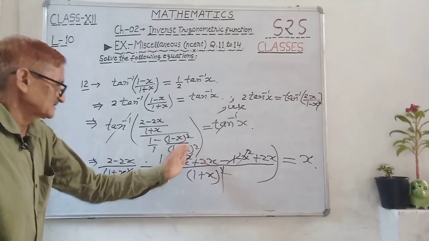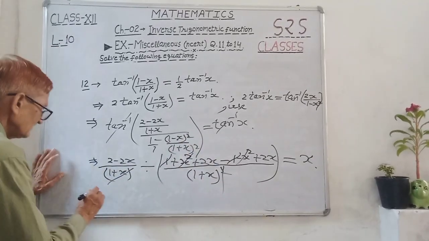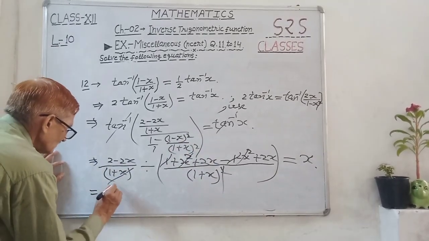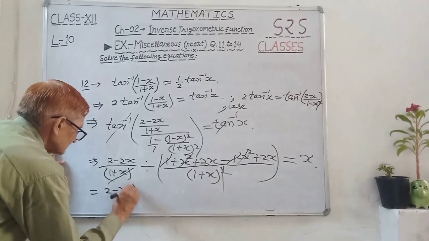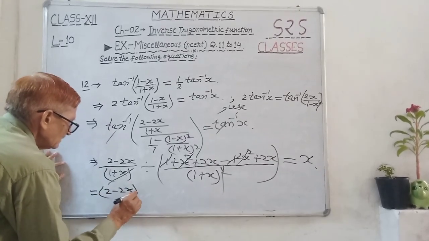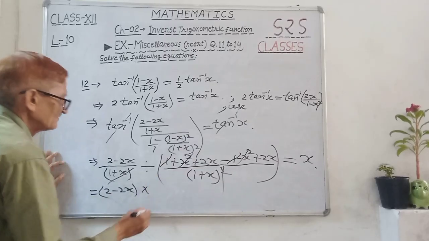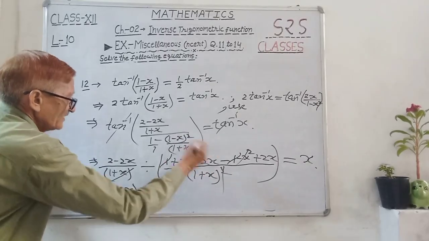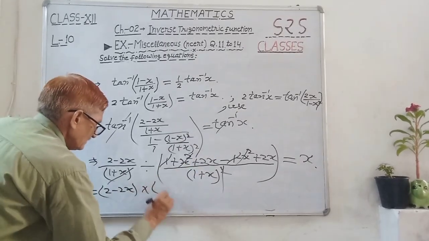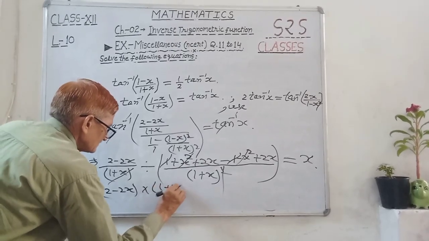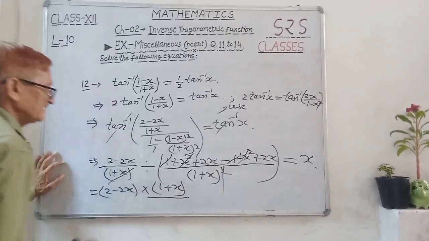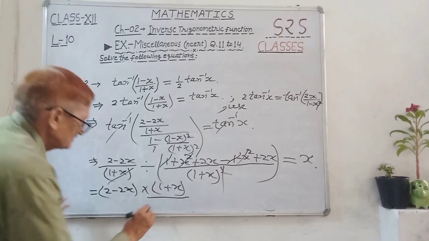So (1 plus x) upon 4x, in multiply, then it will come 2 minus 2x into reciprocal. What will come? 1 plus x will go up.